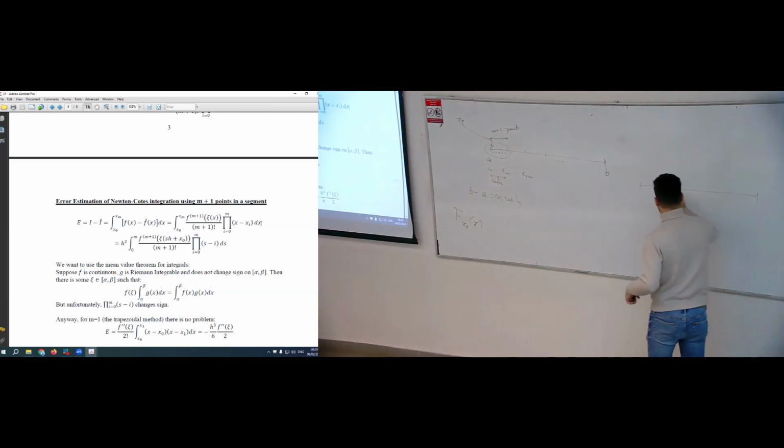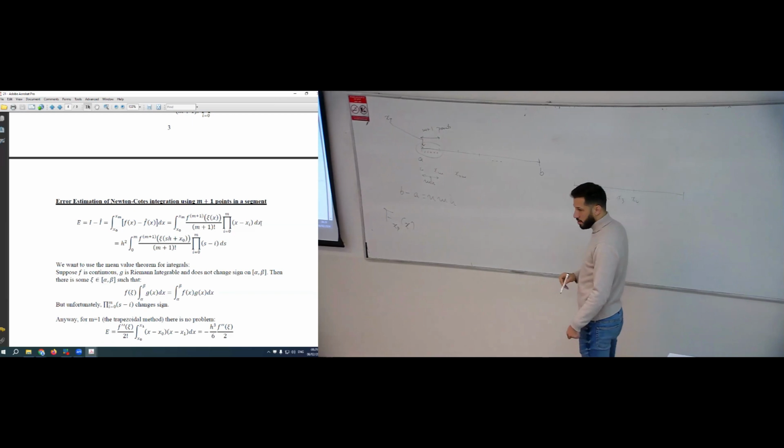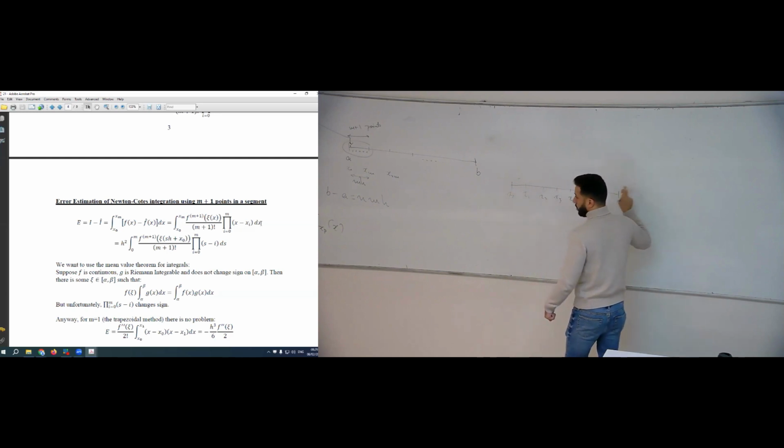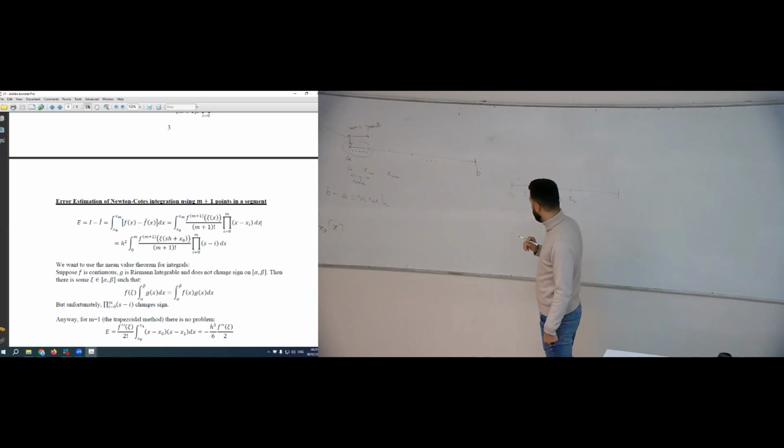See, x1, x2, x3, x4. So if x is here, x minus x0 is positive, and all of them are negative. So it's a multiplication between them. But when x is here, this is not.